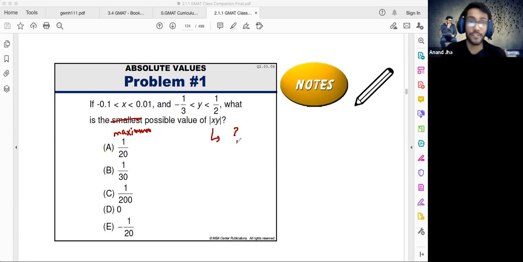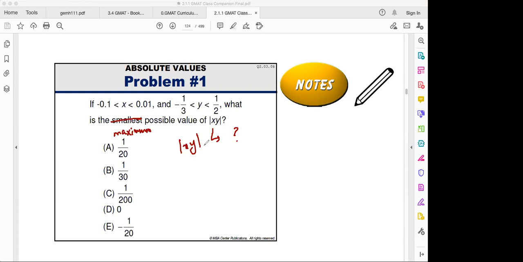Maximum value of mod xy I need. 1 by 20.